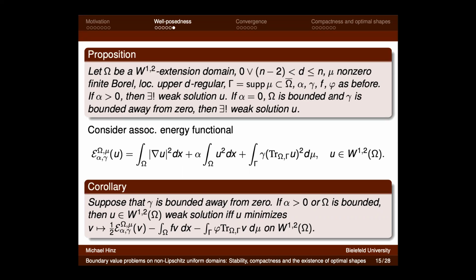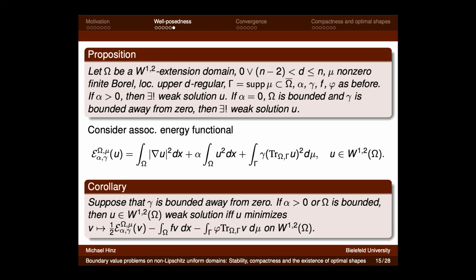Now we're interested in the associated energy functional, and the associated energy functional for this problem is this one. Let me indicate omega and mu, because omega is fixed, mu is fixed, and they will vary later on. Also the parameters alpha and gamma are fixed. If we insert a function, then this is the typical Dirichlet integral plus a little bit of the L2 norm squared, plus the boundary term, which is the square of the L2 norm in the L2 space on gamma with weight little gamma times measure mu.